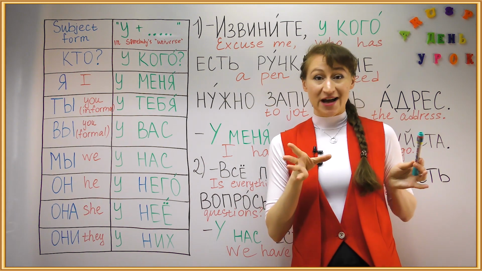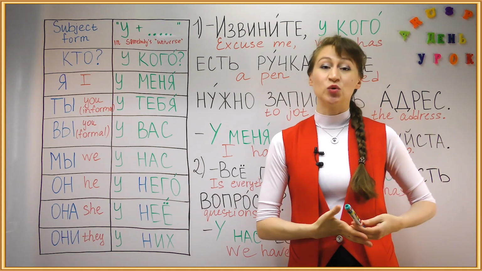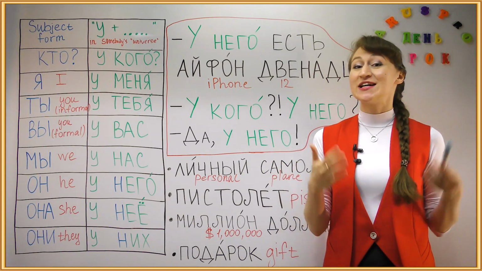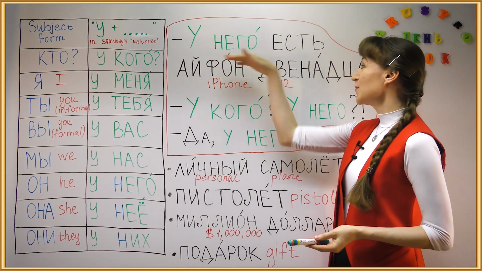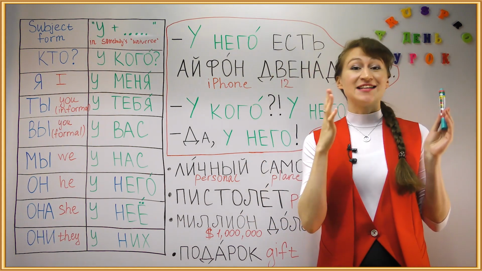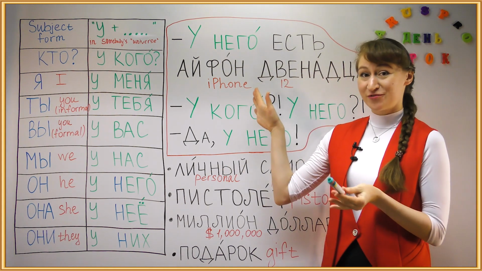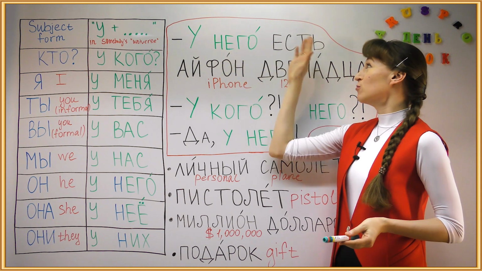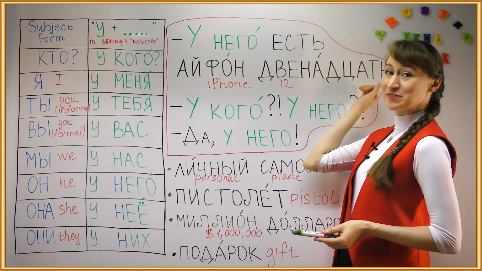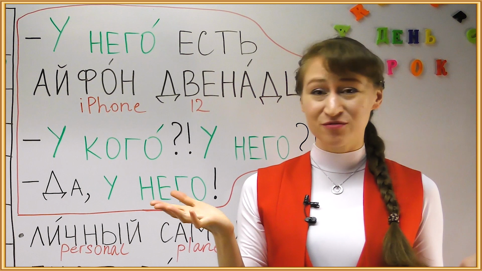Now let's practice. I will give you some examples and I want you to ask and answer questions out loud. Let's do a dialogue together. I'm going to say the first line, and I want you to pretend that you are surprised. For example, у него есть iPhone 12. You are surprised. У кого?